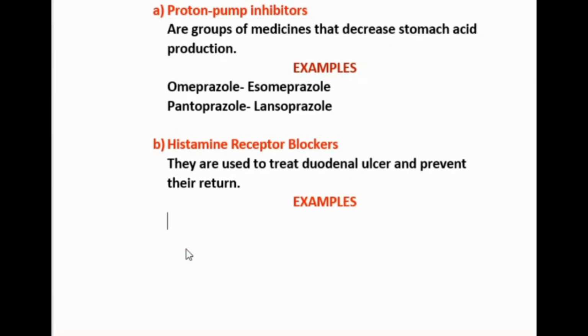The first one is ranitidine. The second one is famotidine. The third one is cimetidine.